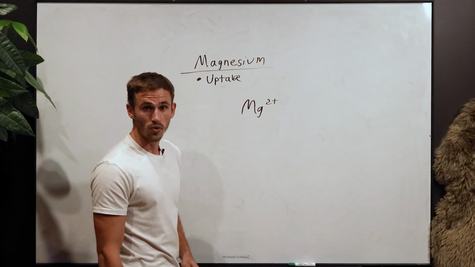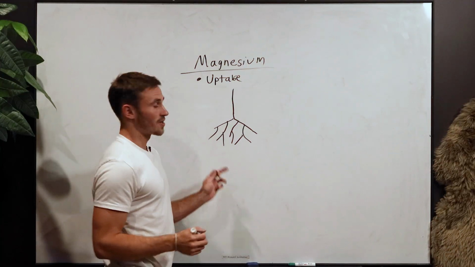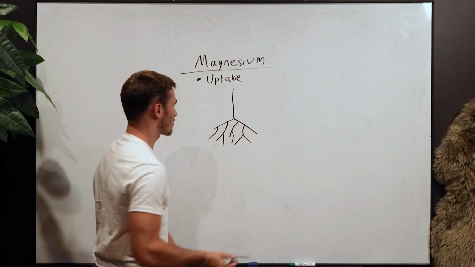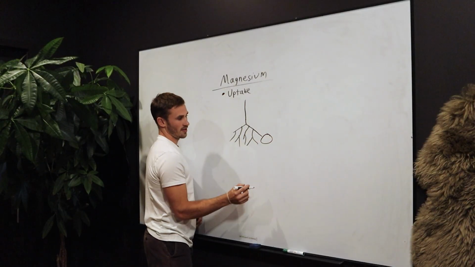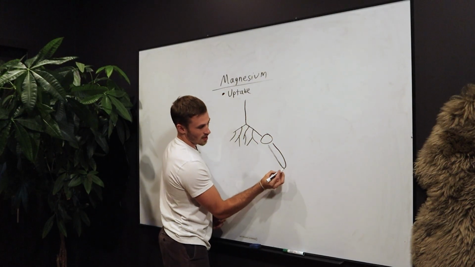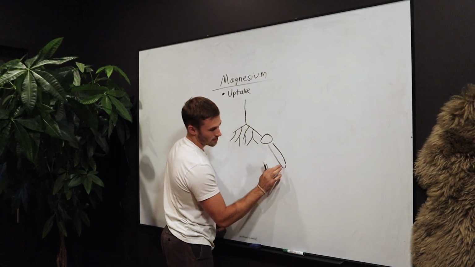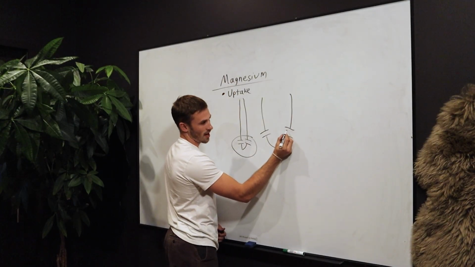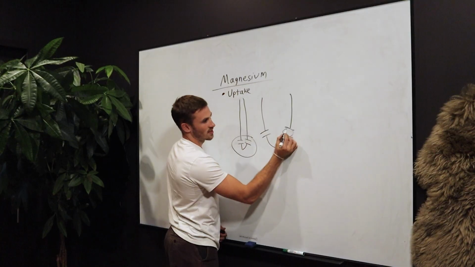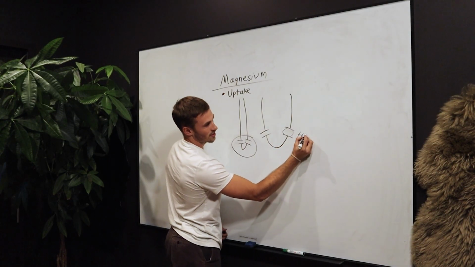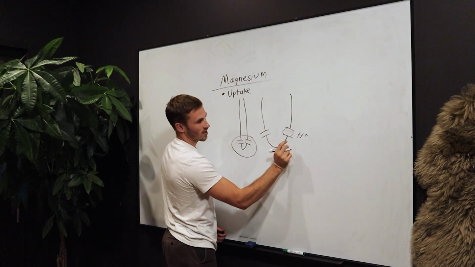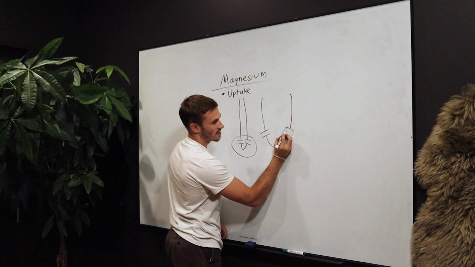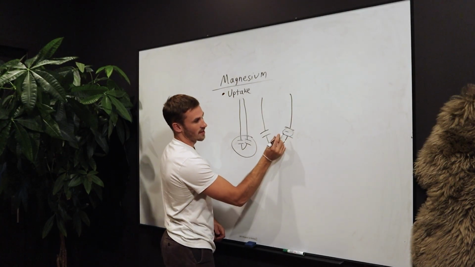I'm going to try and draw really poorly drawn drawings of them right now. Okay, so here's our root system, and what we're going to do is zoom in super close to this section right here. So we got this root tip, and we're going to have two pathways. Here we have our two pathways. And now there are cells in these pathways that are taking the hydrogen ions and pushing them away. What that does is it makes the inside of this cell negative.